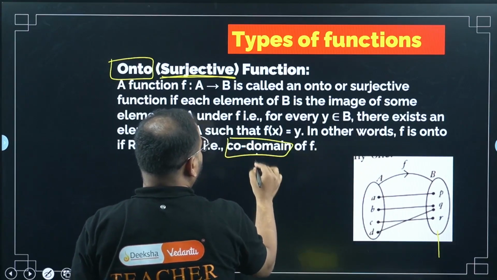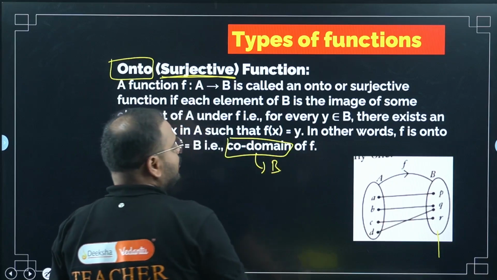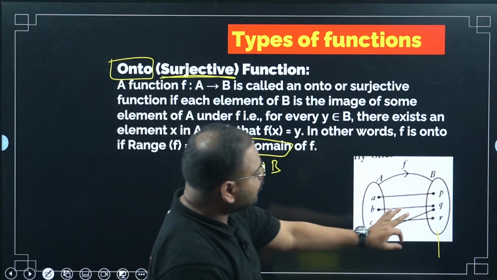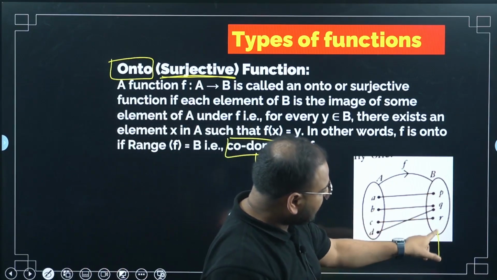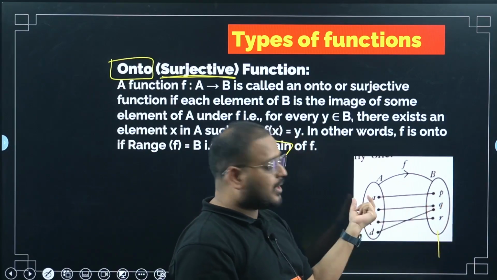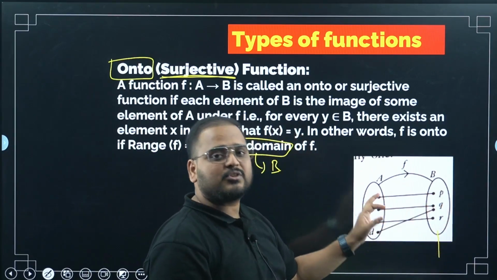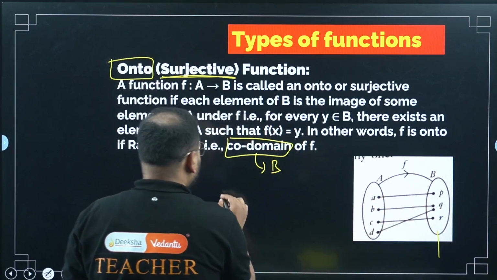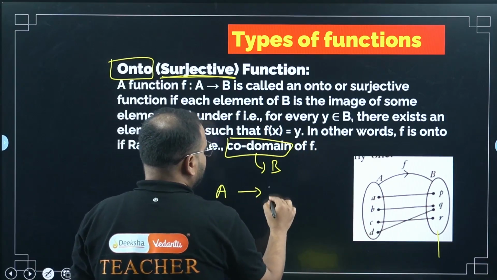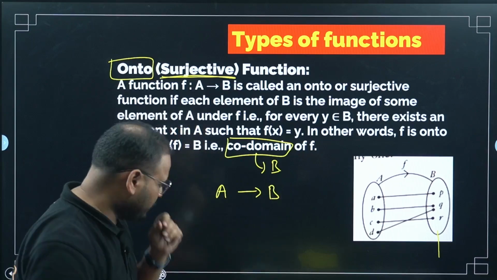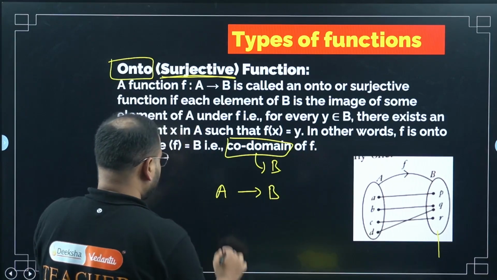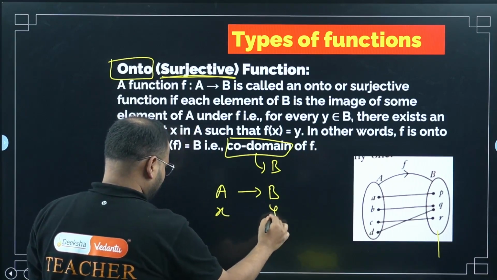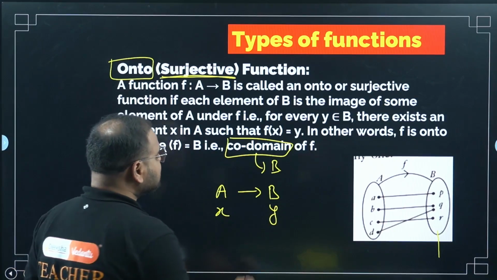What is the codomain? My B, right? Now you look at the codomain. If every element in the codomain has some pre-image, it doesn't matter whether it has a common image or not. If I'm writing A to B, for element X here and Y here, for X, what do we call Y?